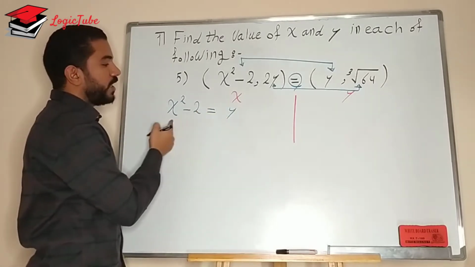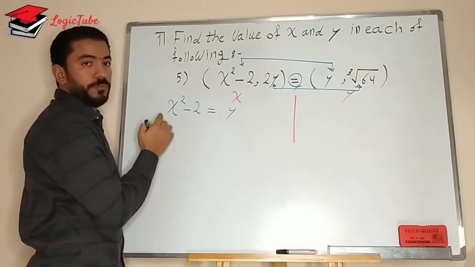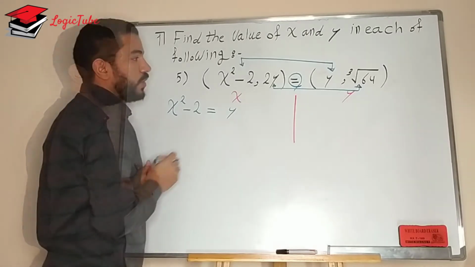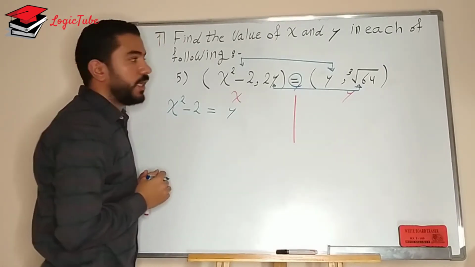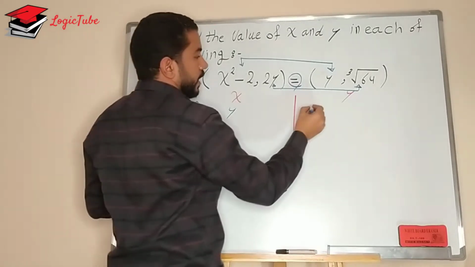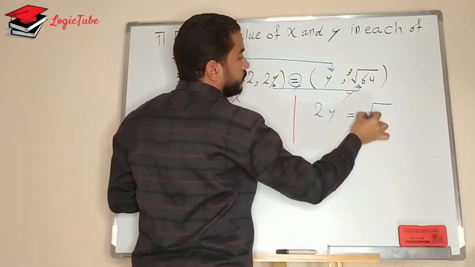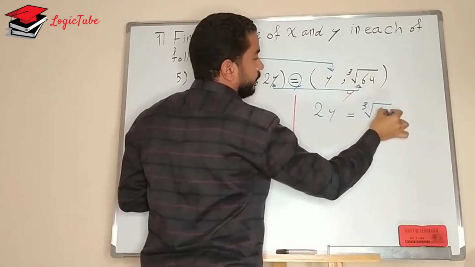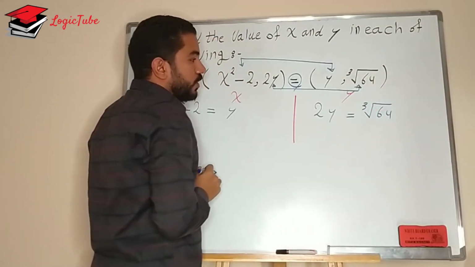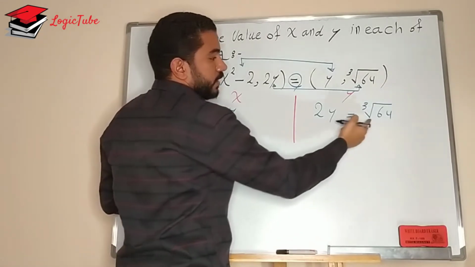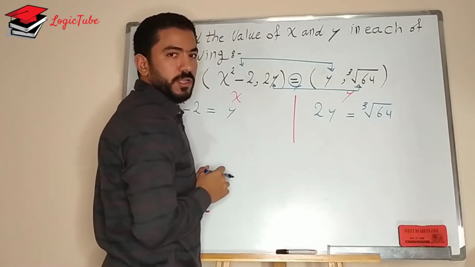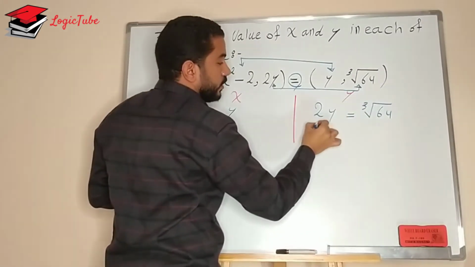Okay, I cannot find x or y here because I have two variables. So I'll find y at the beginning. I'll say 2y equals the cubic root of 64. So the cubic root of 64 equals 4.